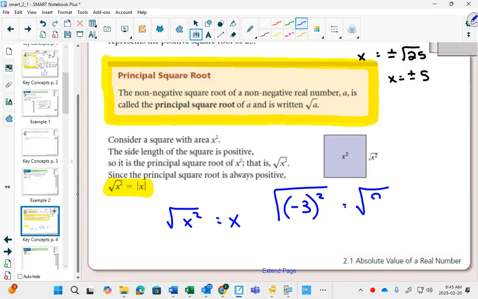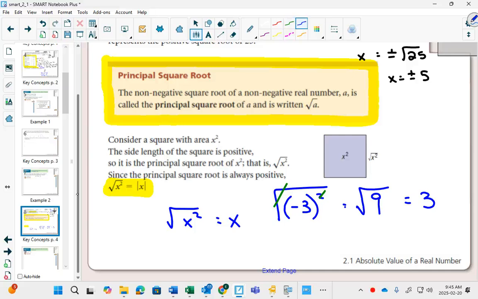This is going to be the square root of 9, and the square root of 9 is positive 3, not negative 3. So we're not allowed to just cancel out the square root and the squared because they're opposite of each other. Because in the end, it's going to be a positive number.